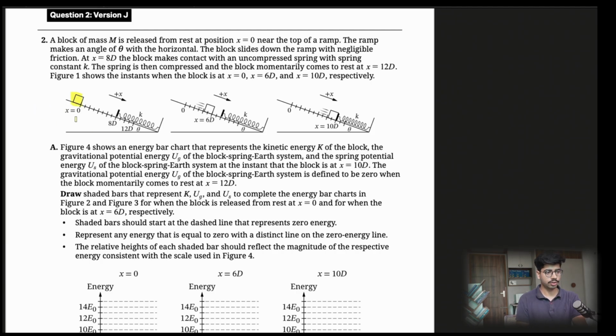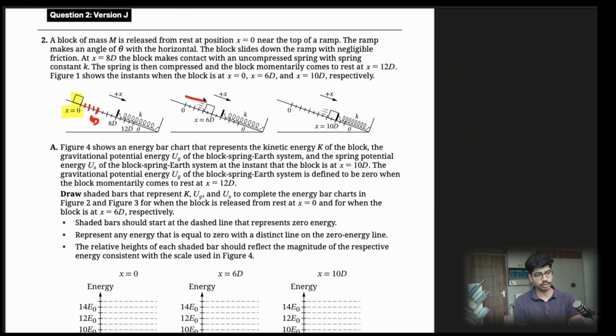There is a block at x equal to 0, this is the position of the block. They are marking on this inclined plane. This is 4D, and up to 8D the spring is not stretched. This is the unstretched position of the spring at 8D.